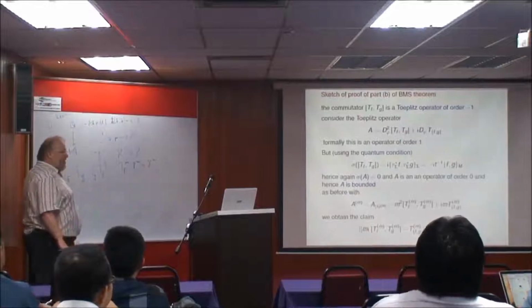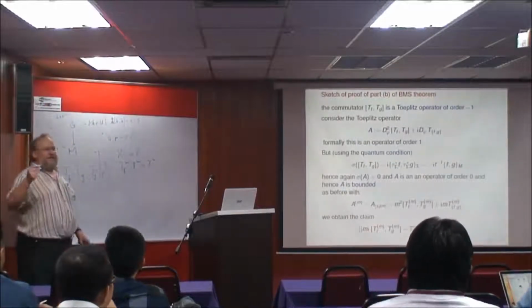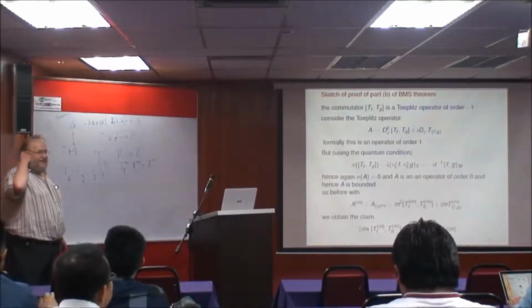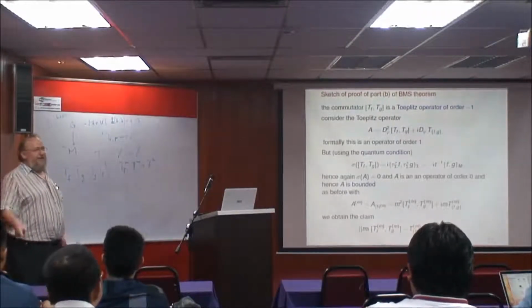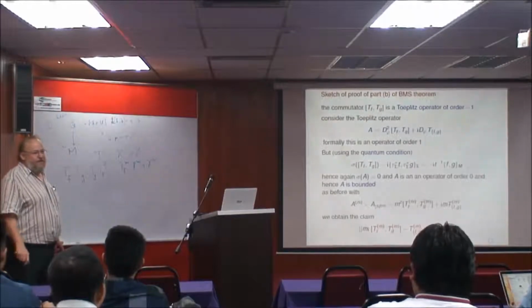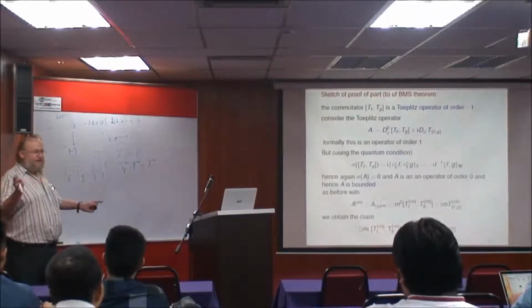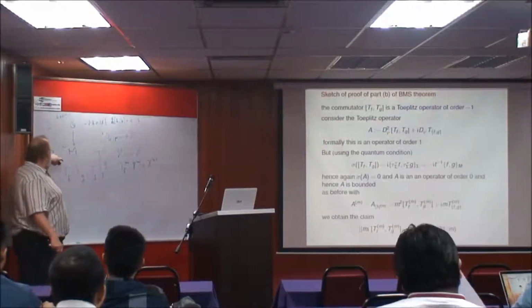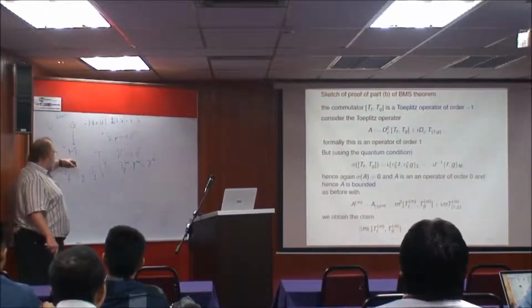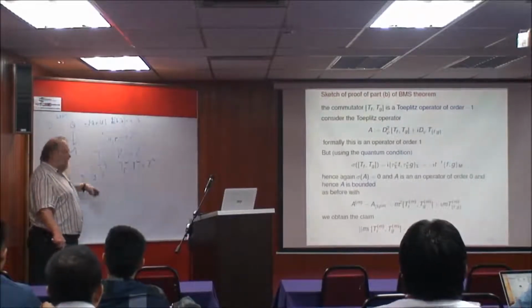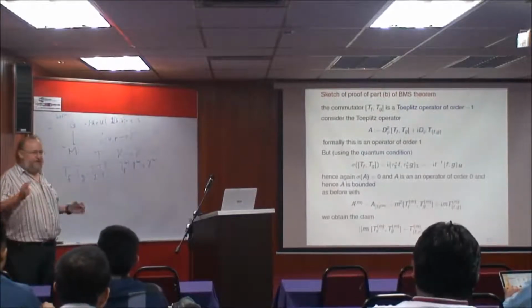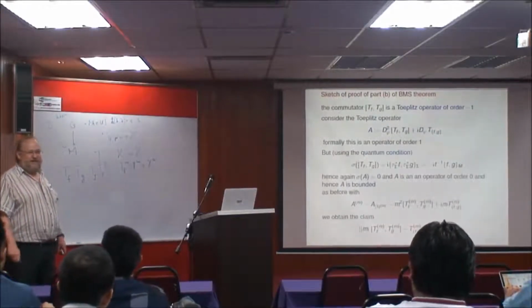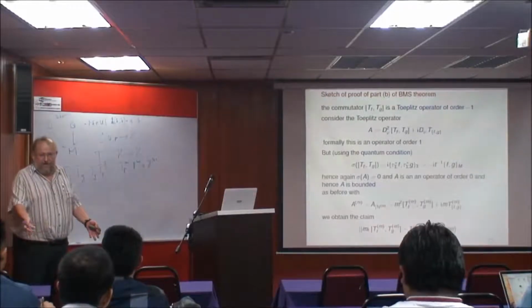So, formally, if we have an operator of degree k times an operator of degree l, the product will be an operator of degree k plus l, and also the sum respects this. So this is degree 0, 0, so the product is degree 0. From this consideration, this is just of degree 0, okay?